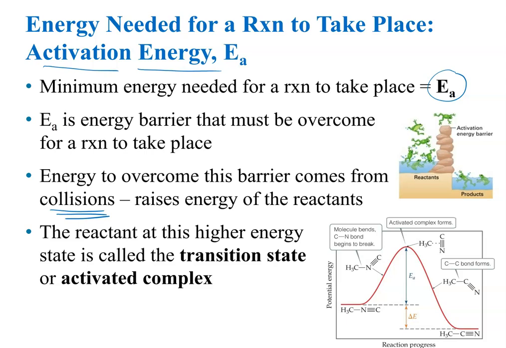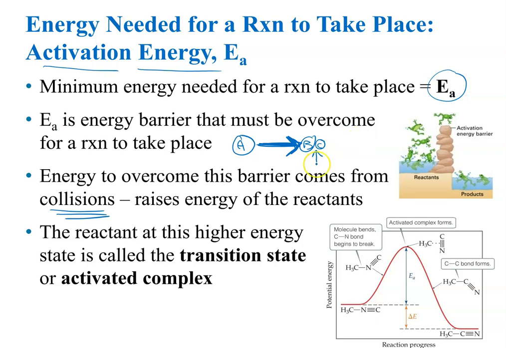So in the example of A colliding with BC, that we had on the previous slide, if they collide with a very low energy collision, that energy will not be enough to allow the bond between B and C to break so that A could bond to B. But if it collides with a more forceful, more energetic collision, then that provides the energy to overcome this barrier.